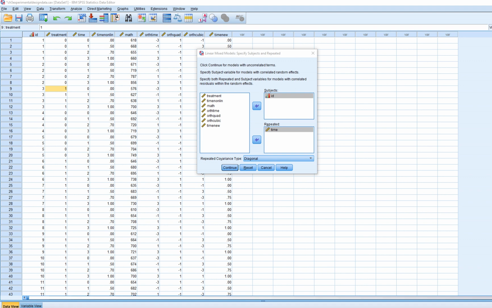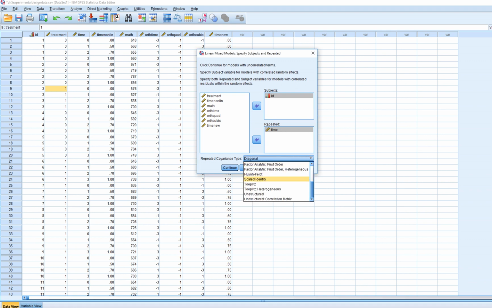In other words, it assumes unequal variances in the residuals across the 4 time points, but it assumes no correlated residuals between time points. So that's what the diagonal covariance type is essentially implying.